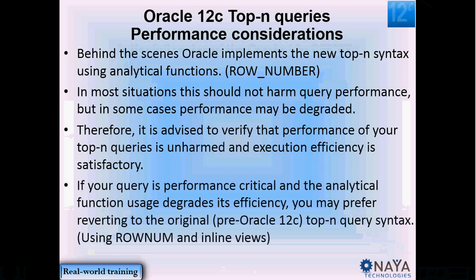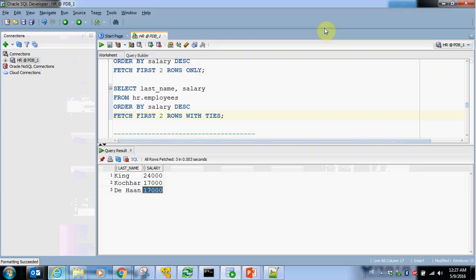If you find that you have a performance-critical query and the use of the analytical function degrades your efficiency, you may prefer to revert back to the original pre-Oracle 12c syntax of using rownum and the inline view. Let's take a look at a quick example.